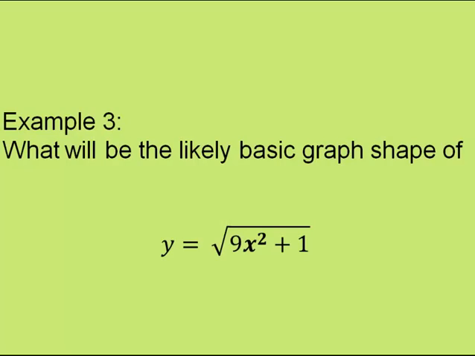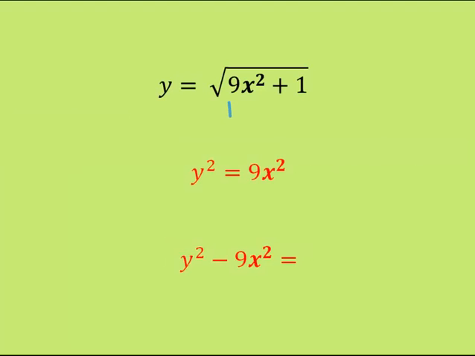Example 3. What will be the likely basic graph shape of this function here? Okay, you notice it's y equals the square root of a quadratic expression in x. So you begin the mental process of squaring both sides, just keeping track of the x squared and y squared terms, moving the x squared term to the y squared side.